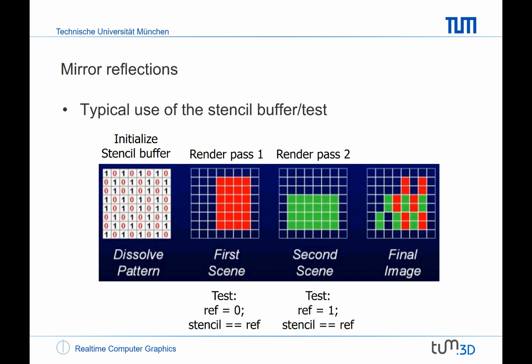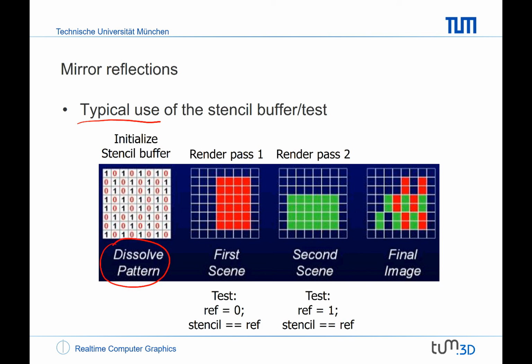How we use it here is very similar to the example we give here, the typical use of the stencil buffer and the corresponding test. For instance, you can initialize the stencil buffer with the so-called dissolve pattern that we see here.